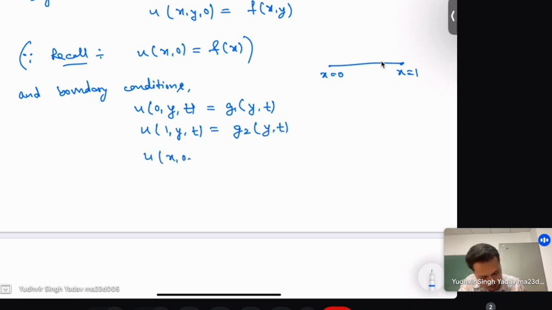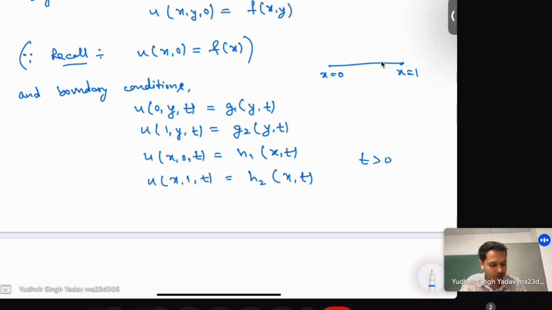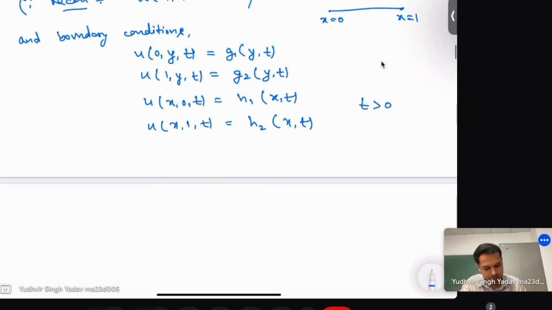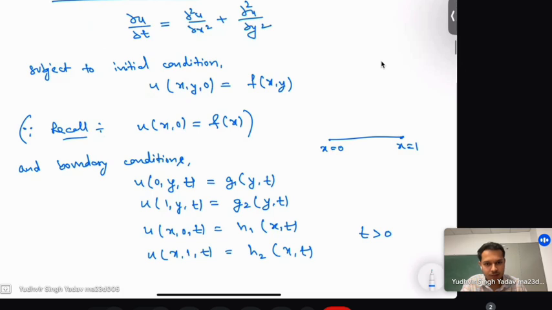When y is 0, we name it H1, a function of x and t, and when y is 1, we will have H2, which is a function of x and t again. Here we have taken t greater than 0. So this is our basic system of the two-dimensional heat equation.